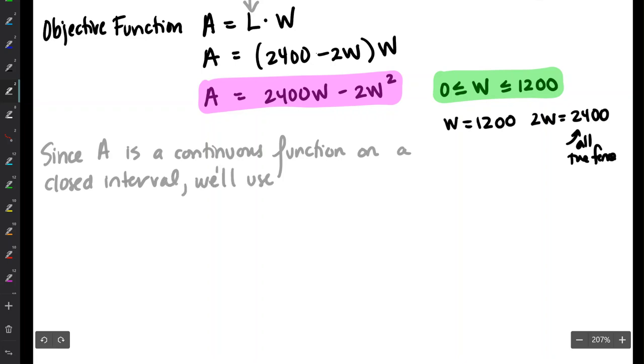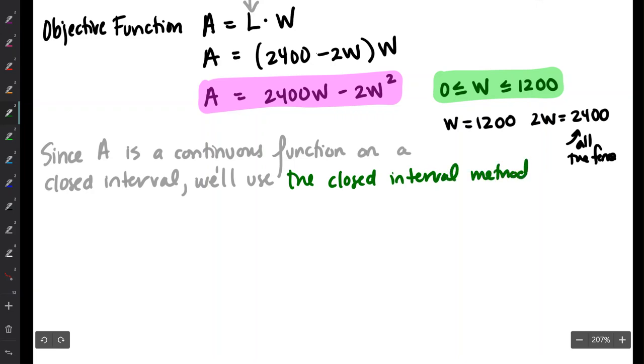We'll use the closed interval method to find the absolute max and absolute min. It's guaranteed to have it on this domain. Okay, so step 1 is find those critical points.